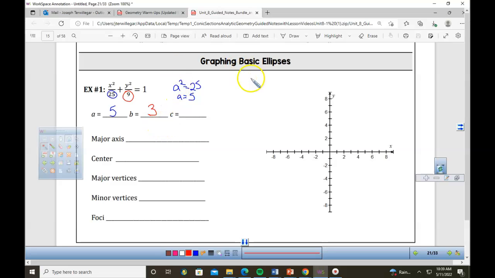Now how do I find c? Well, I look up above. C squared equals my a squared minus my b squared, right? So c squared equals 16, so c is 4.